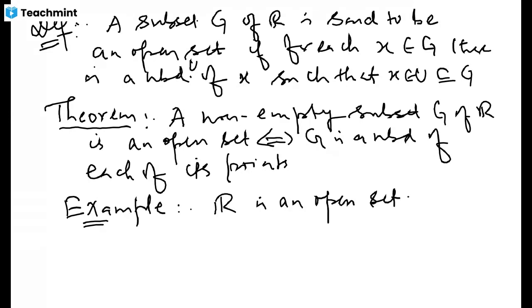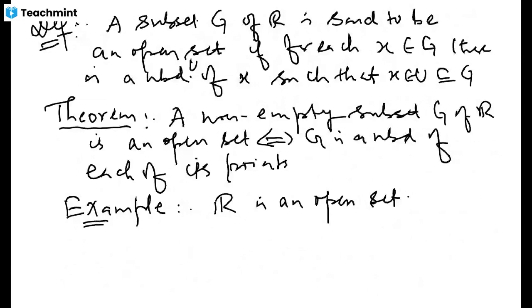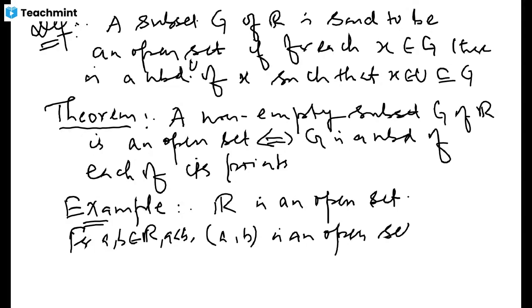Also, another example that we just discussed is that an open interval is the neighborhood of each of its points, and from this theorem, it follows that any open interval AB for any real numbers A, B in R, where A needs to be less than B, only then this interval is defined, is an open set. So you now have uncountably many examples of open sets. You keep changing the values of A, B, and you get lots of open sets. So there is no deficiency of open sets.